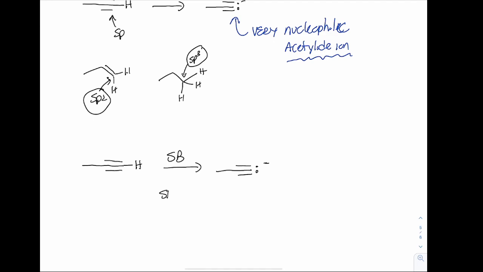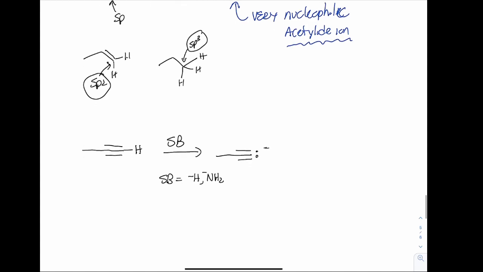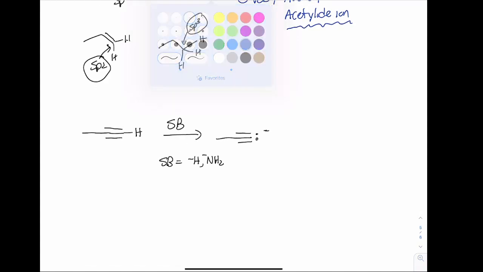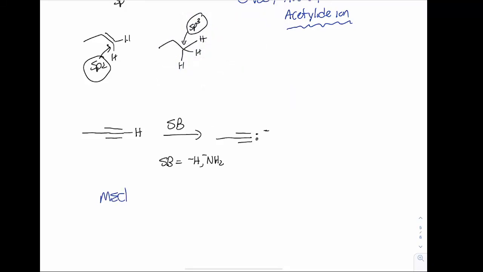My strong base, generally it's going to be H- or NH2-. You could use hydroxide. Hydroxide isn't as strong as these two, so these are going to be more common. And then again, do watch out. I'm generally going to have a cation with it, so sodium hydride, that sort of thing. We are going to do the mechanism real quick. It's just an acid-base step.